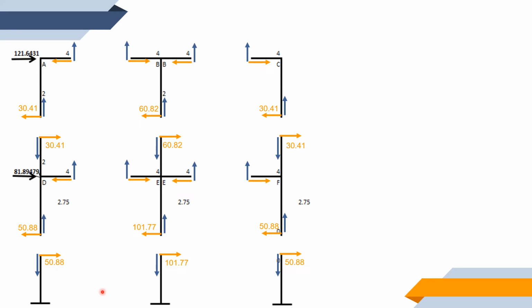So now our goal here is to be able to solve all these forces that are represented by each of these arrows, both the orange and the blue arrows. So what are the processes that we are going to adapt for us to be able to do that? We determine the forces that are acting on each of these members, and these forces are represented by these arrows.